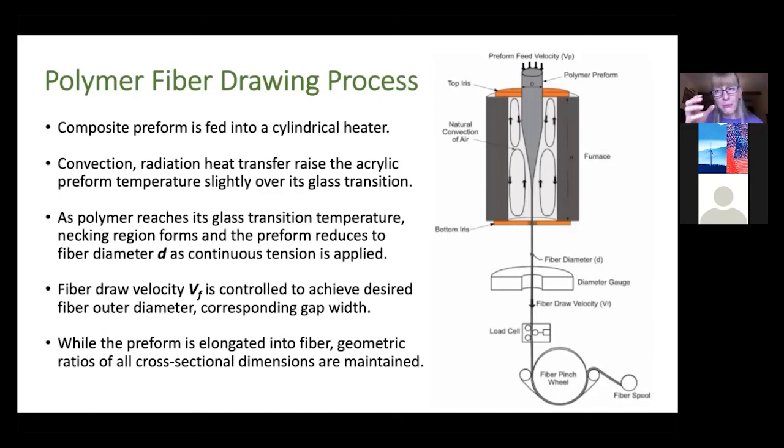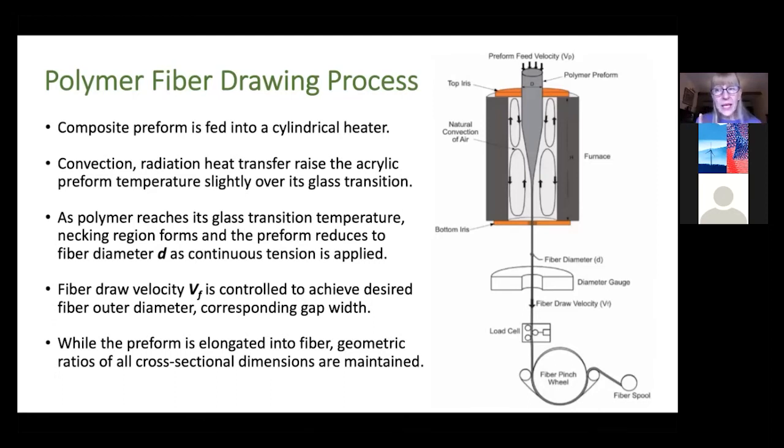So that preform, that larger diameter cross section that I showed you before, basically gets elongated, stretched. And the length of the fiber that you end up with, of course, is orders of magnitude greater than the length of the preform that you started with. You can draw kilometers of fiber from a 1 meter length preform.